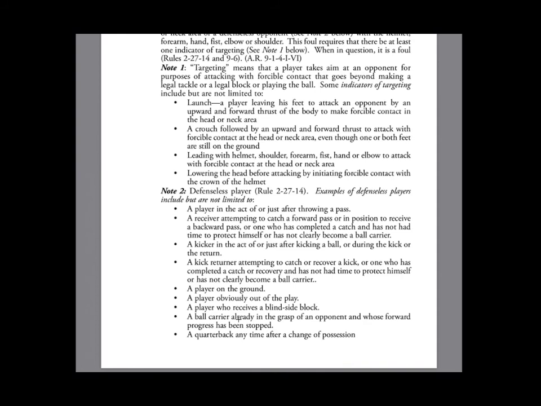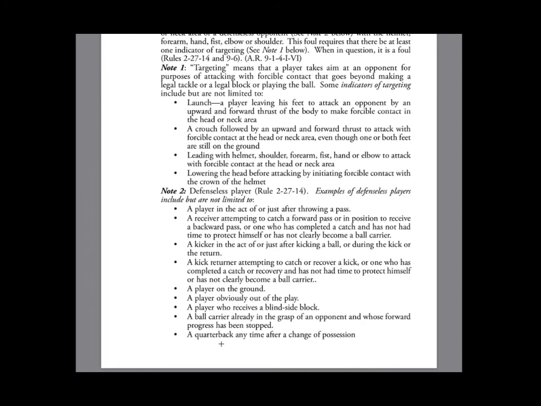Forcible contact. This is a big boy sport, and sometimes there is going to be contact. Helmets may touch. If it's not intent to punish or aim to punish, and it's not forcible, that would not meet the criteria. The only item on the defenseless player list that is not included is on the next page.